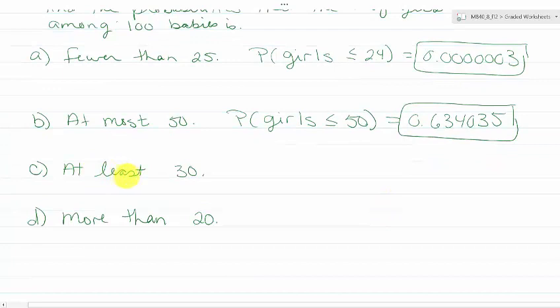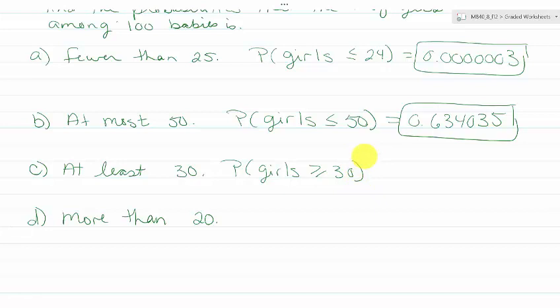For this next one, we want at least 30. So the probability that girls is at least 30, so 30 or bigger, which would be greater than or equal to 30. When you're computing these probabilities in Minitab, it's always less than or equal to the value of x, so we need to convert this.